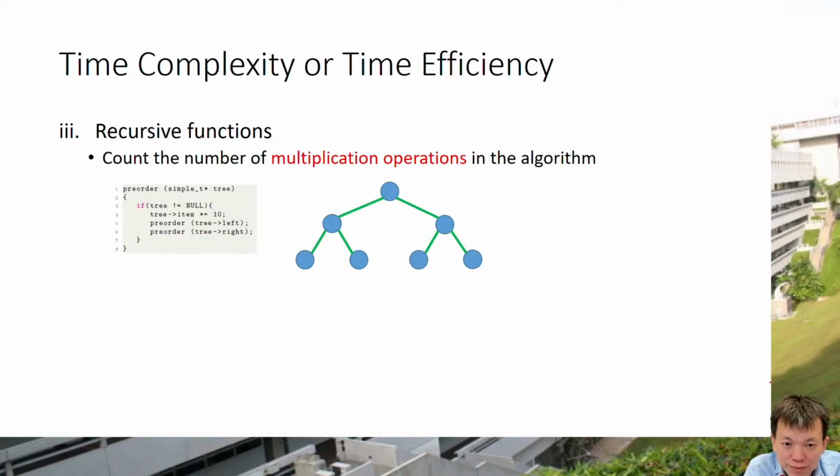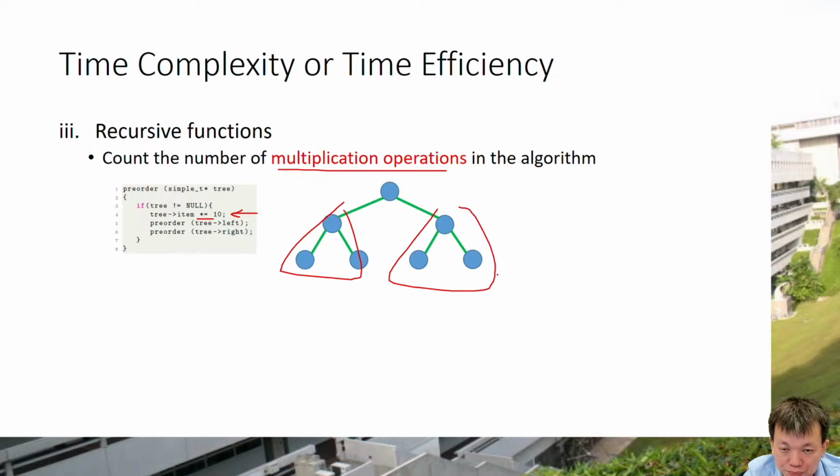This is one technique. Another technique is forward substitution, of course. For example, this case, which you learned maybe last week, about pre-order tree traversal. You're trying to count the number of multiplication operations. Each node, I multiply once, then I traverse the left subtree and I traverse the right subtree.